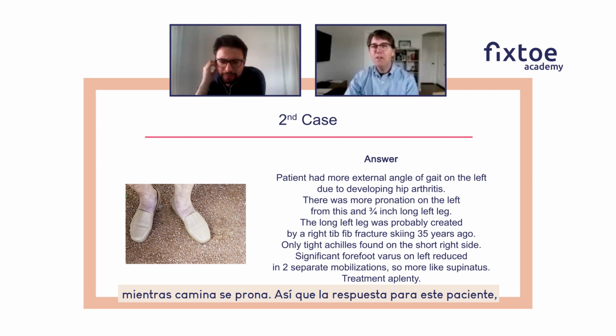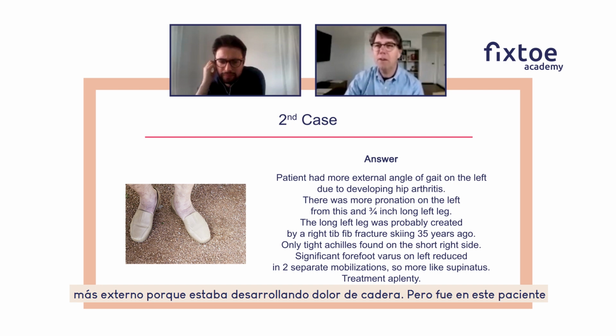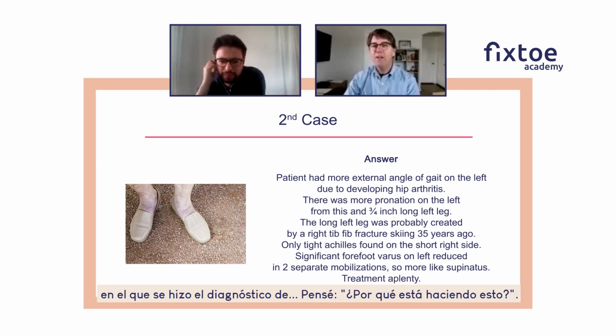So the answer for this patient, the reason biomechanically for this asymmetry, was they had a more external angle of gait because they were developing hip pain. In fact, I was the one on this patient that made the diagnosis. I said, why is she doing this?